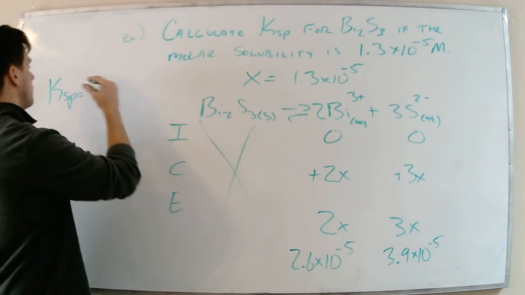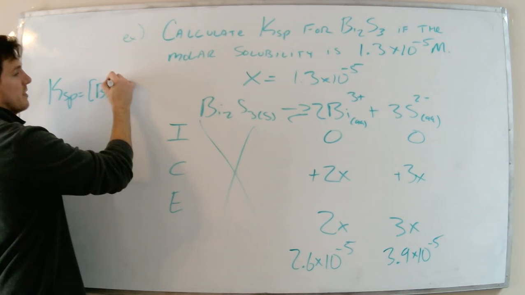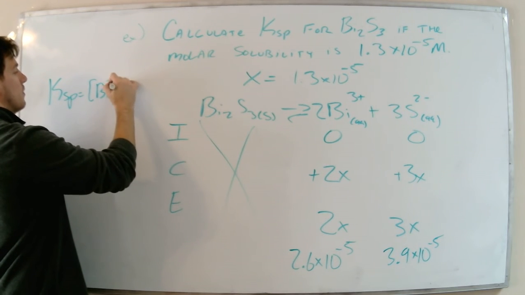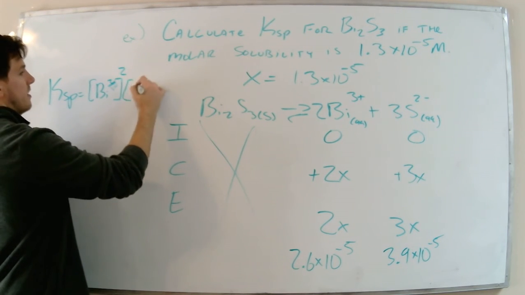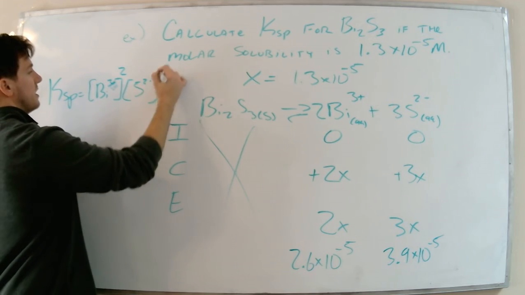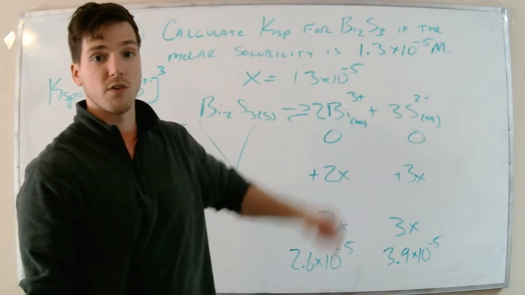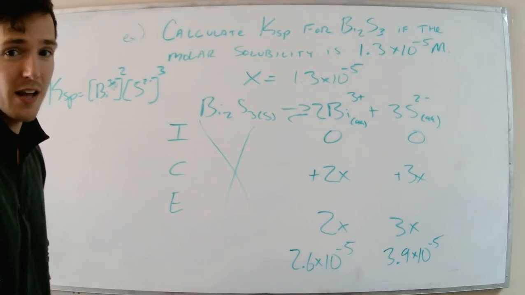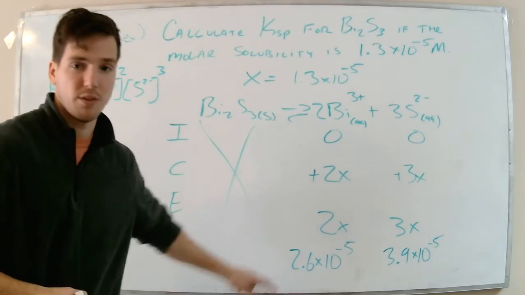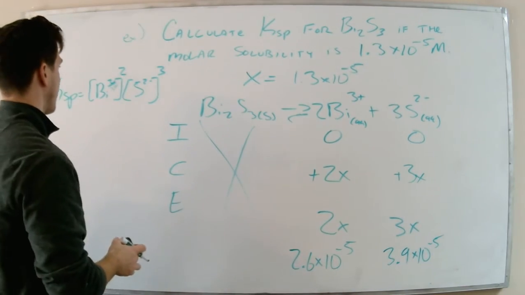Ksp equals bismuth 3 plus to the second and sulfur 2 minus to the third, right? Because those coefficients are in front of them. So now let's plug in our equilibrium concentrations.